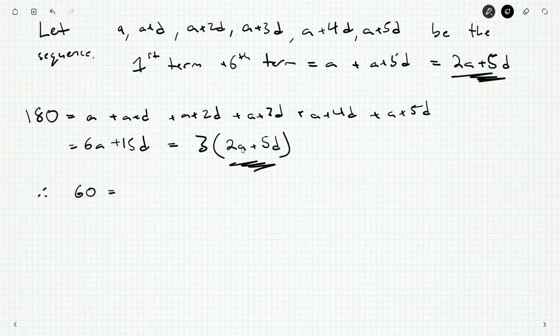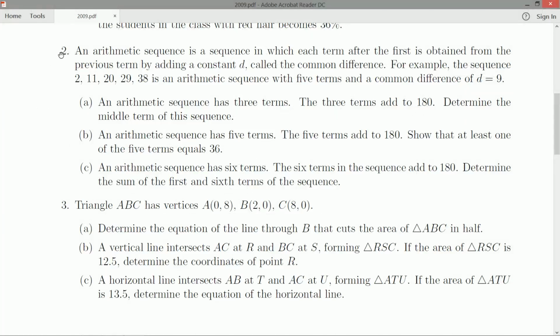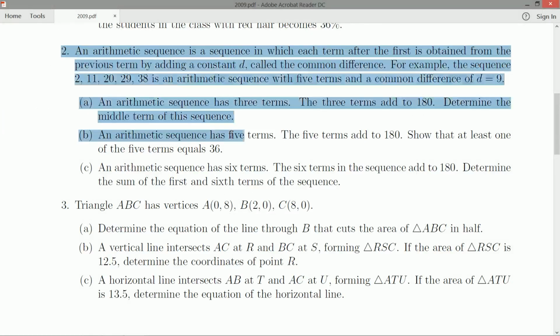Therefore, 60, which is 180 over 3, which we saw in the first part, is equal to 2A plus 5D, which is the first term plus the 6th term. Exactly what I wanted to calculate. I didn't show it, I just calculated it. But there we go. That's C part, and actually that's it.